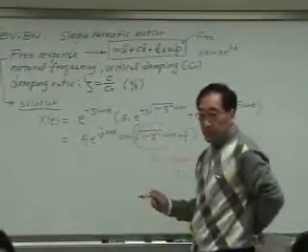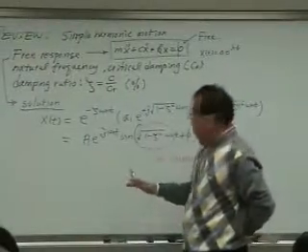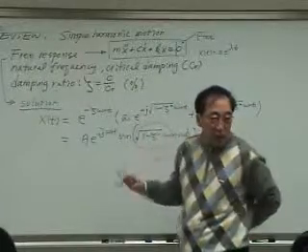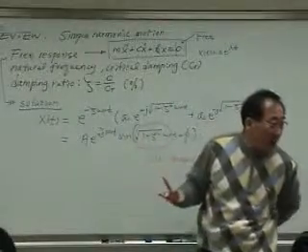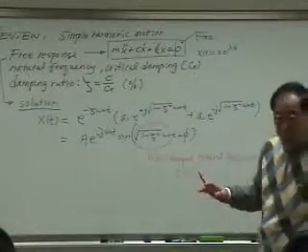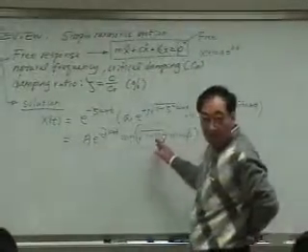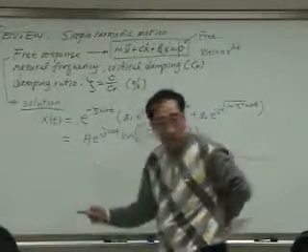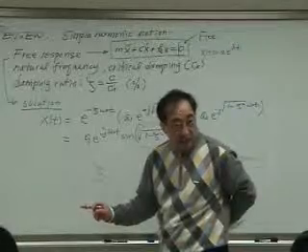Okay. So when we measure natural frequency, what we actually measure is omega d, not omega n. Right? So to measure omega n precisely, we have to measure zeta first. Okay?